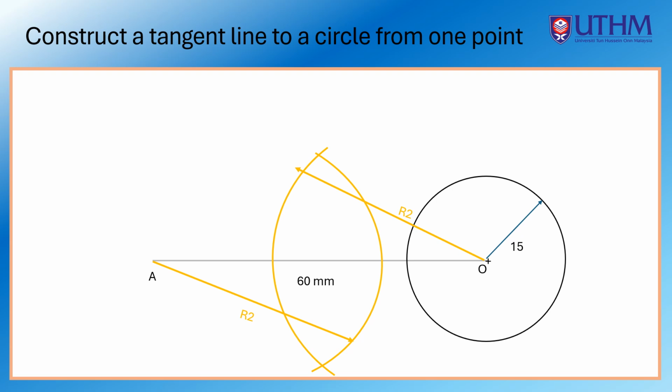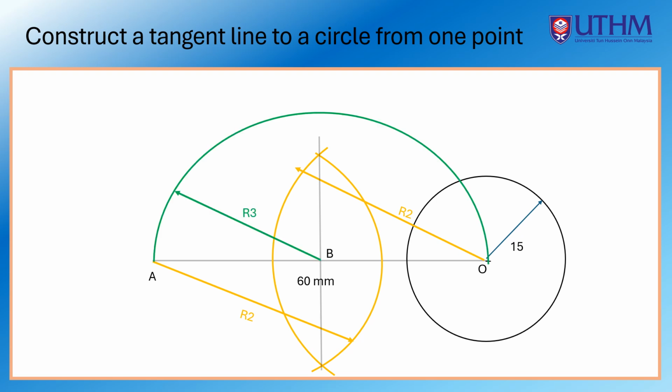From point B, create a semicircle with a radius of R3, which is equal to the distance of AB. The semicircle cuts the circle at point C. In this case, R3 is equal to the length of AB.